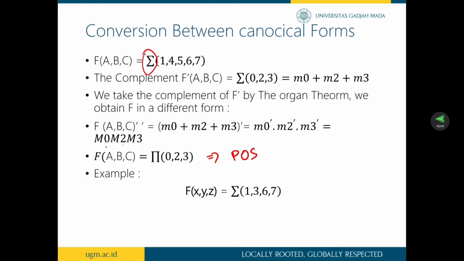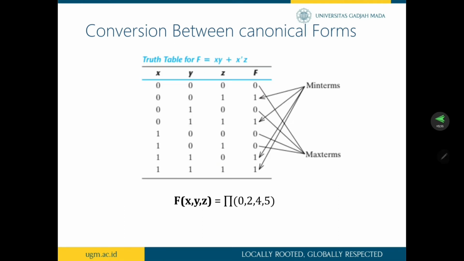So for example, in here we have a sum of product with the minterms 1, 3, 6, and 7. So this is the minterm. We can write the decimal symbols, 0, 0, 0 with 3 inputs x, y, and z, and 1, 2, 3, 4, 5, 6, 7.